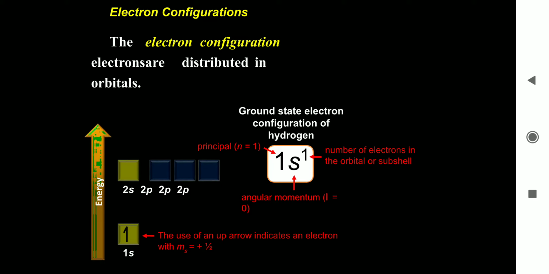The electron configuration is nothing but the distribution of electrons in orbitals.